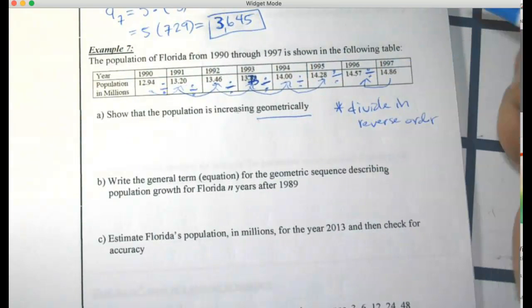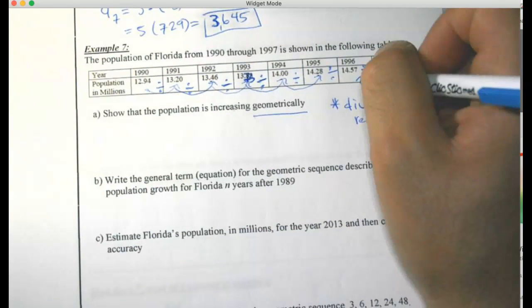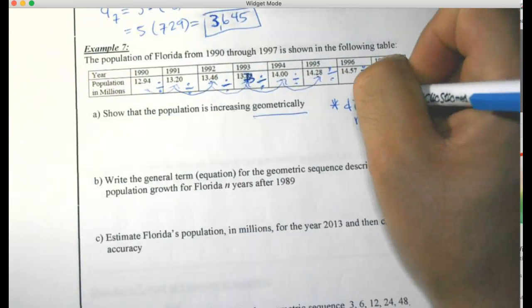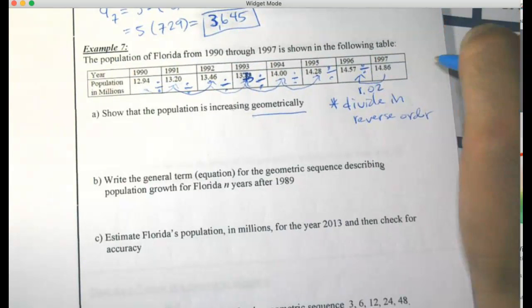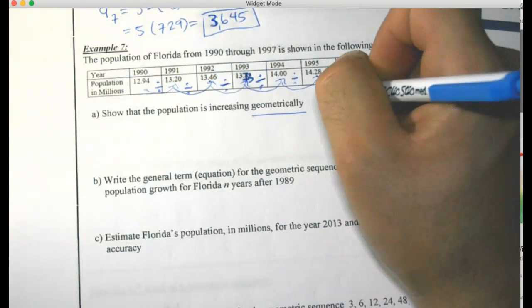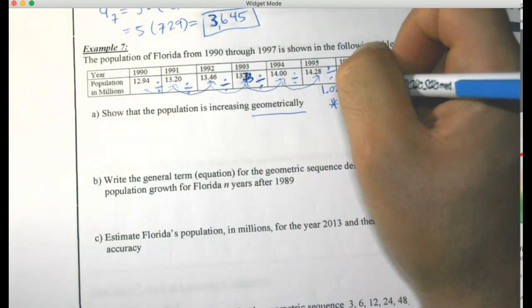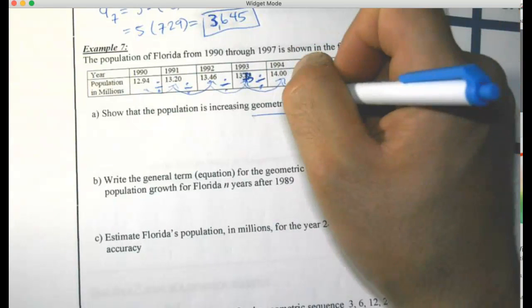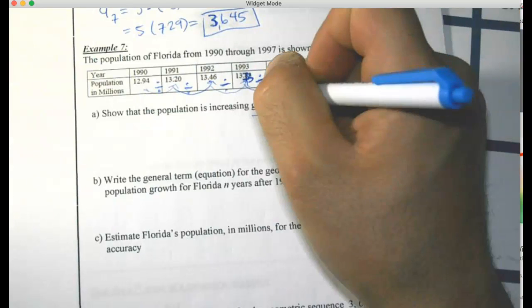I already did that, and when I divided 14.86 by 14.57, it rounded to 1.02. Not every decimal was identical, but when I divided backwards, they all rounded to 1.02.